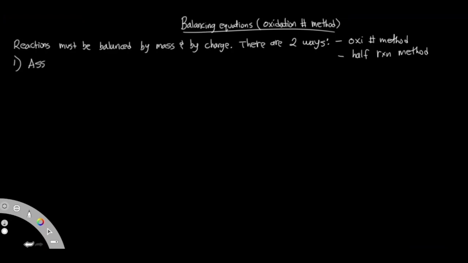Number one, we need to assign the oxidation number for each atom and identify. Leo the lion says GER, right? So obviously L stands for losing, E stands for electrons, O stands for oxidation.